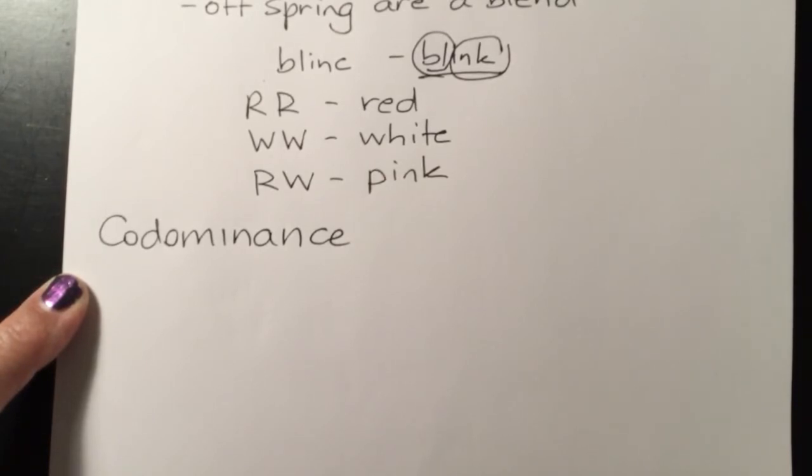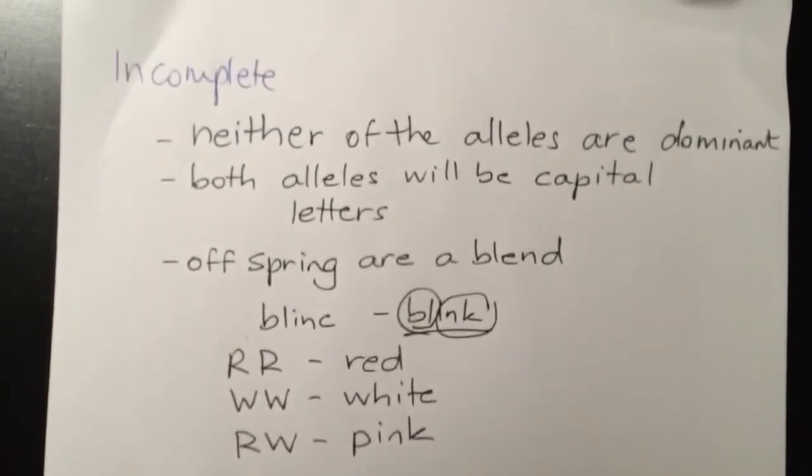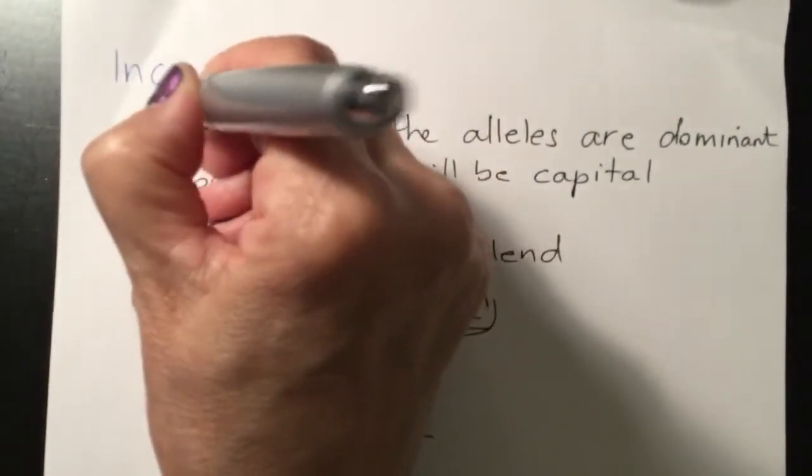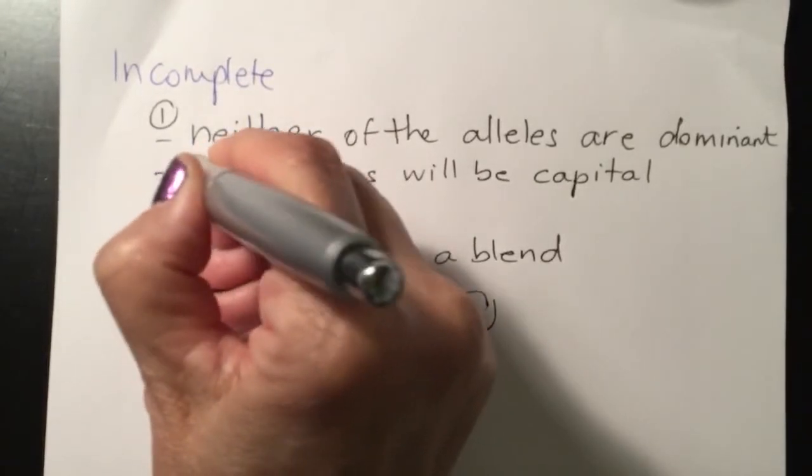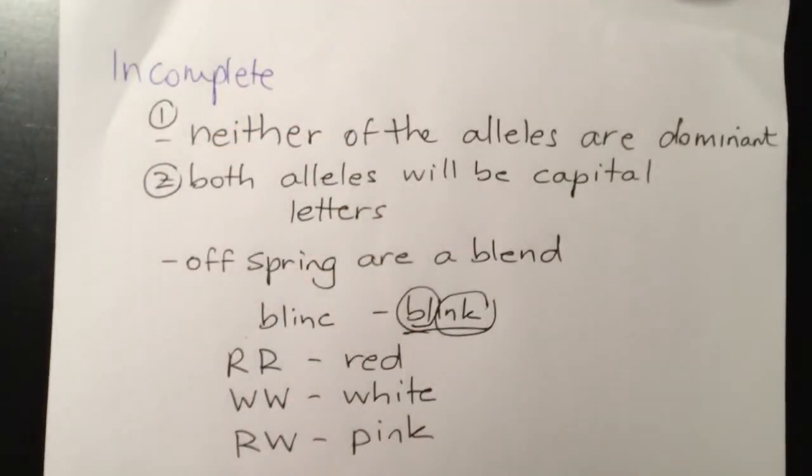You can see both traits in the offspring. So going back up here, let's put a number 1 here. This is true. So we'll put a 1 and a 2 so you guys know you don't have to write that again. See above.